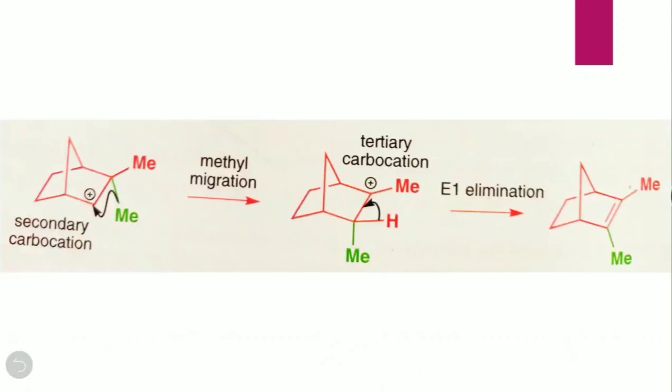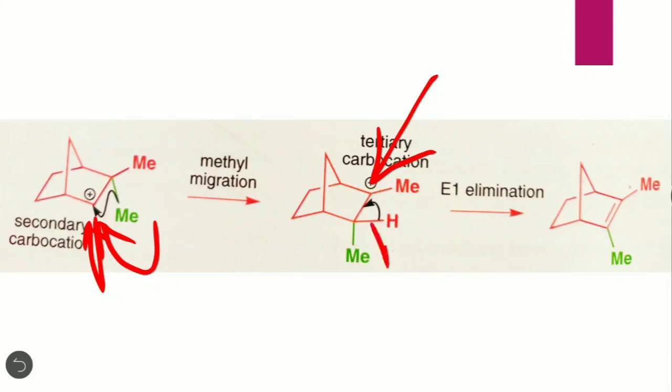This is a secondary carbocation and this methyl group is migrated, and after migration a tertiary carbocation is formed. This tertiary carbocation is neutralized by the elimination of this hydrogen atom, and here the alkene is formed.